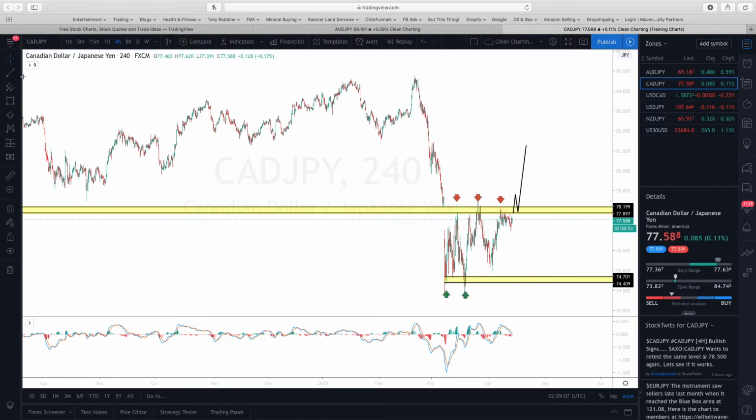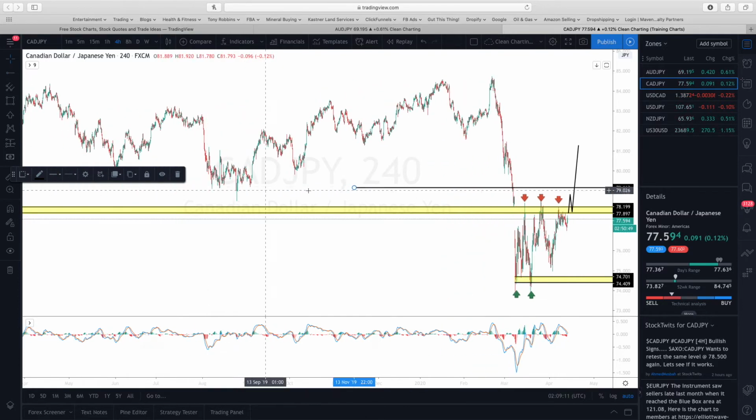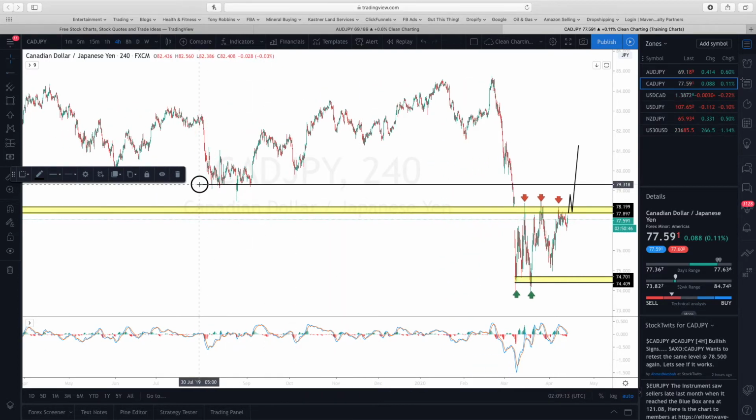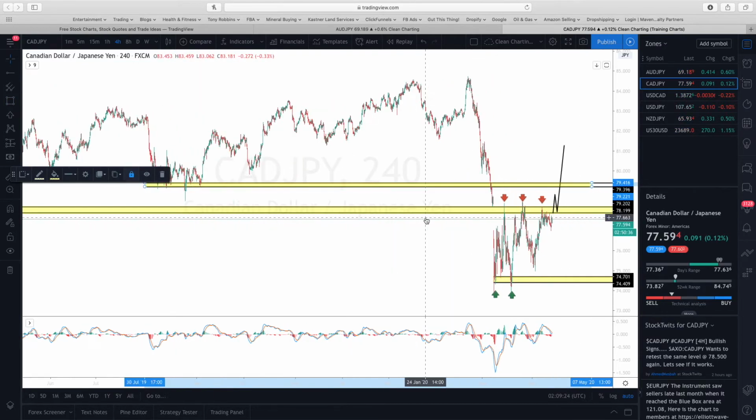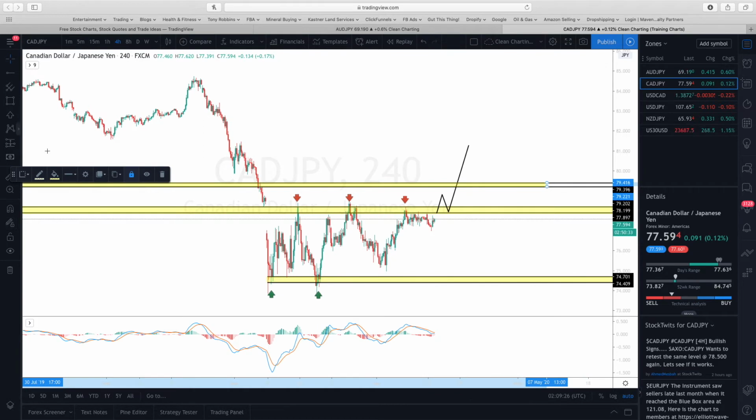So you could take this, just to get an idea where the zones are. You could take right here to maybe right there and draw a box.